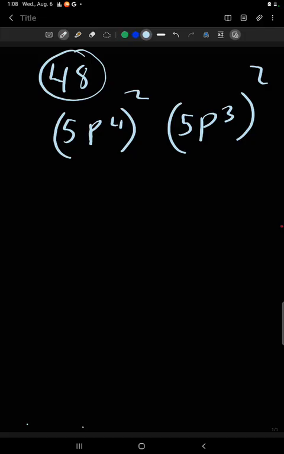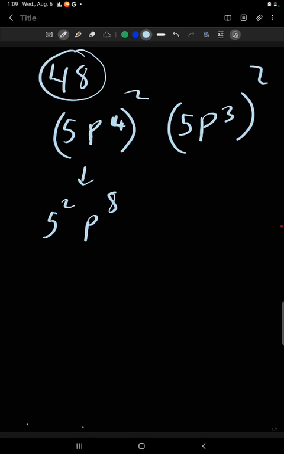So what I'm going to do is just separate things. I know that this first part is going to be 5 squared p to the power 8, because it becomes 4 times 2.